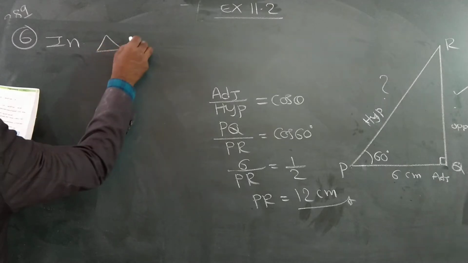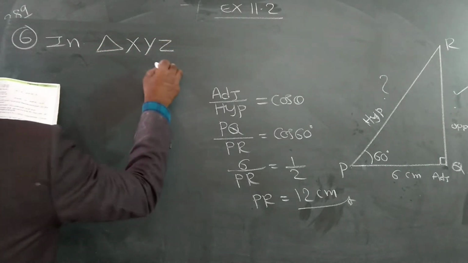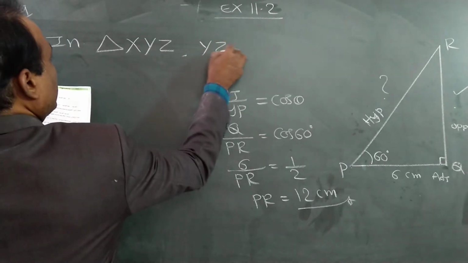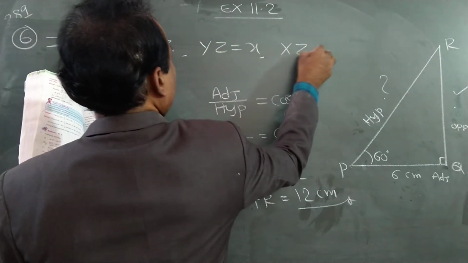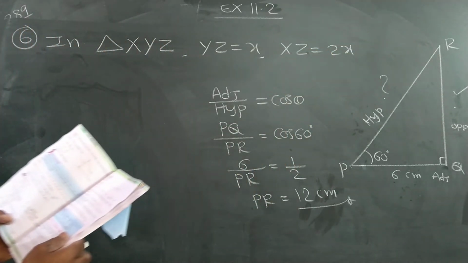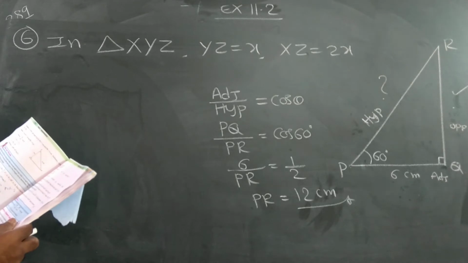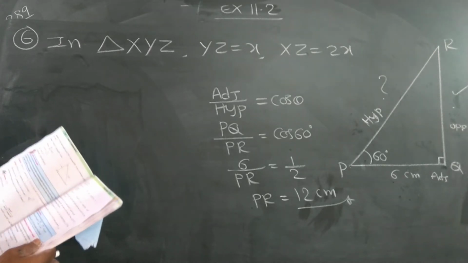Sixth question. In triangle XYZ, YZ is equal to x, XZ is equal to 2x. Then determine angle YXZ and YZX.